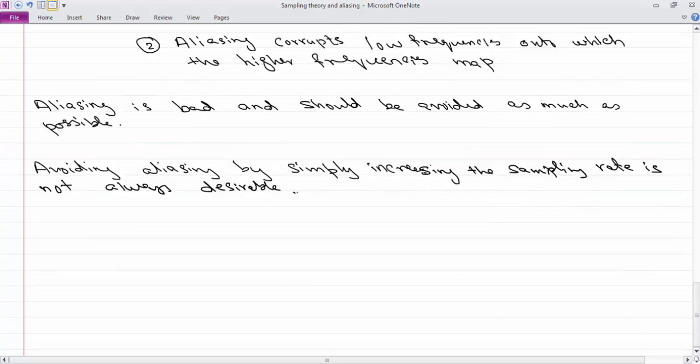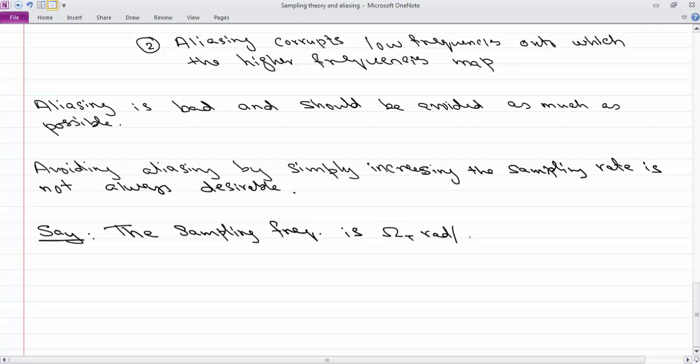So what is the other option that is available to us? Say the sampling frequency is omega T radians per second, and you don't know the input signal that you are getting, you don't know whether it is band limited to omega T by 2 or not.